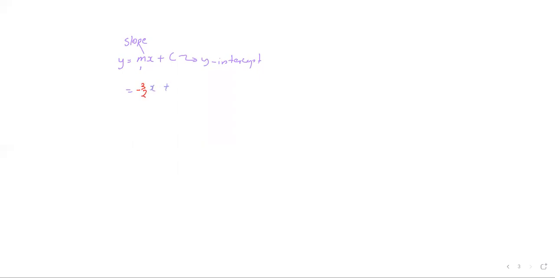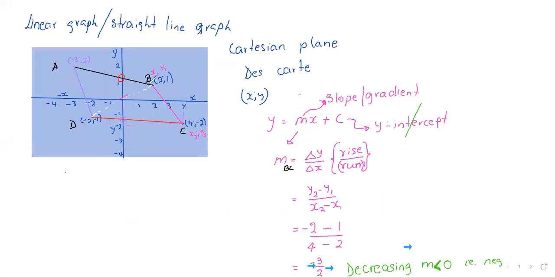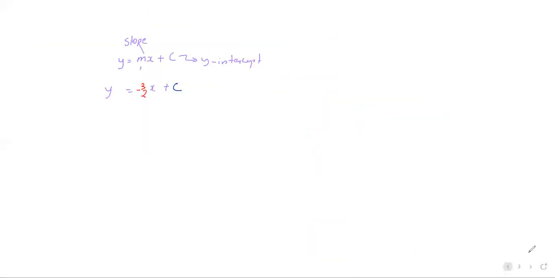But we don't know what c is. Fortunately, BC has these two points. We can use this point or this point to look for c. We are going to use the coordinates of B, which is 2 and 1.